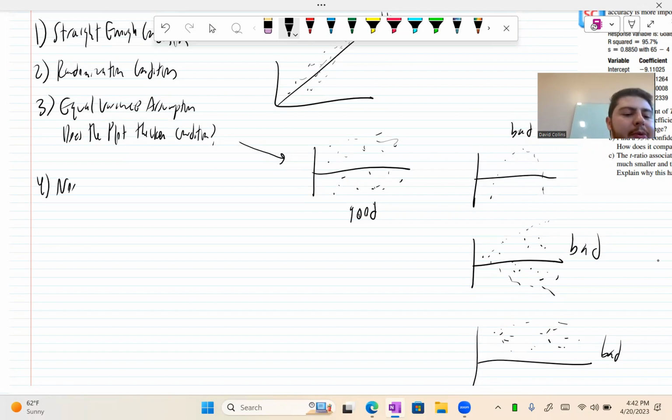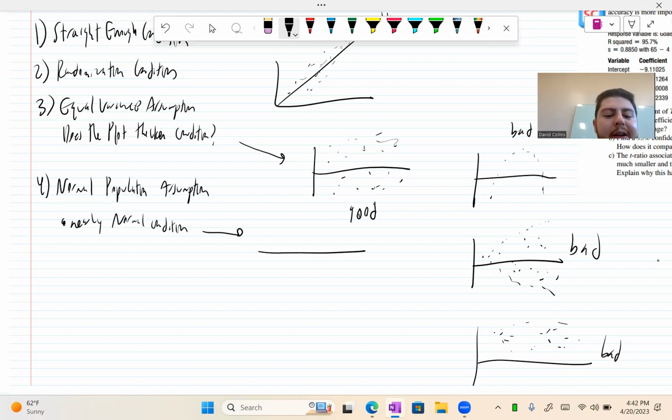Fourth is the normal population assumption. This one has two parts. The first is the nearly normal condition. It has a slightly different meaning. It is the histogram of the residuals.